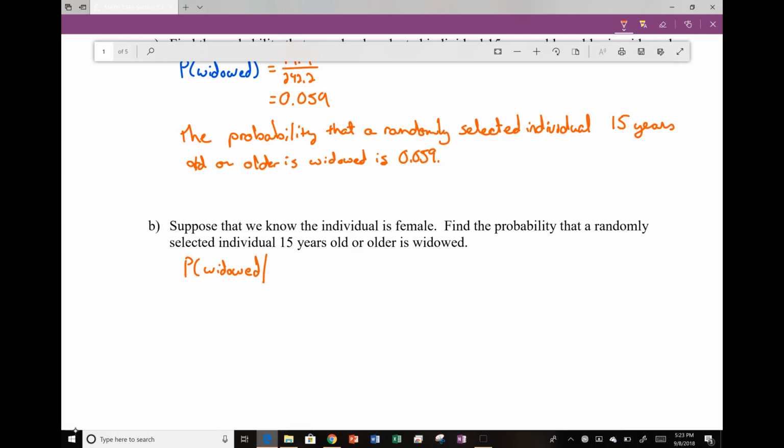So in this case, the probability of being widowed, and then I'm going to draw this line. This line means given, means I know some information. Given they are female is equal to, there were 11.4 million widowed females, and there were a total of 124.4 million females. So you'll notice that my female is the amount that I know. That goes on my denominator. That is my new denominator.